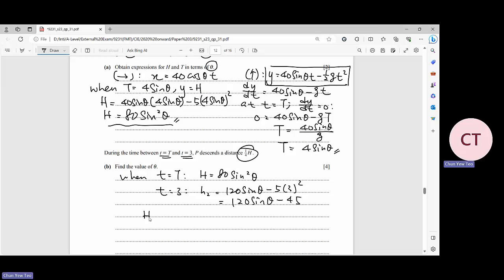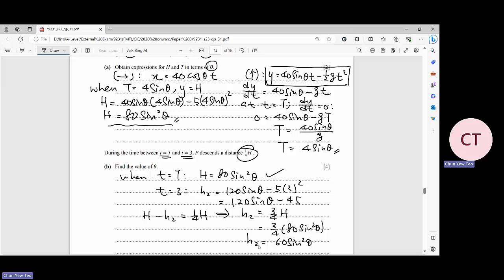Then the height minus h2 is equal to 1 over 4 h. So that means my h2 is actually 3 over 4 h. And since h is 80 sine squared, we can write this as 3 over 4 times 80 sine squared. Then you get 60 sine squared theta.